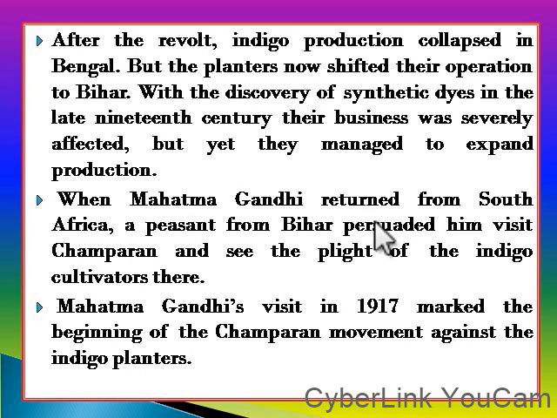When Mahatma Gandhi returned from South Africa, a peasant from Bihar persuaded him to visit Champaran and see the plight of the indigo cultivators there. Mahatma Gandhi's visit in 1917 marked the beginning of the Champaran movement against the indigo planters.